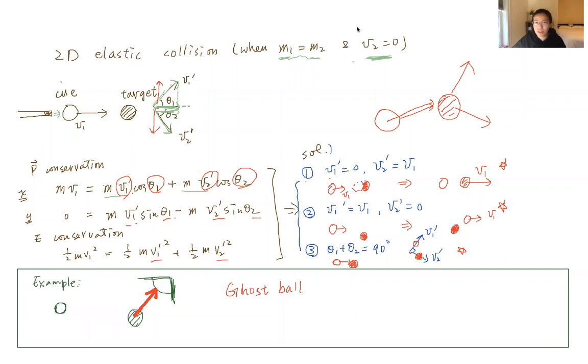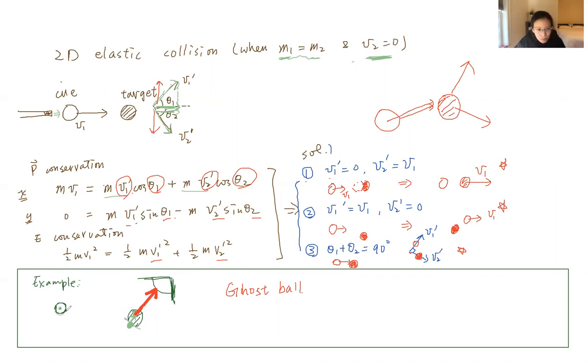So ghost ball is saying, since we want this ball to go into this pocket, we want to make sure the collision point is here. We want to make sure the cue ball hits the target at this point, because this momentum will be a normal force, so it will send my ball in this direction.